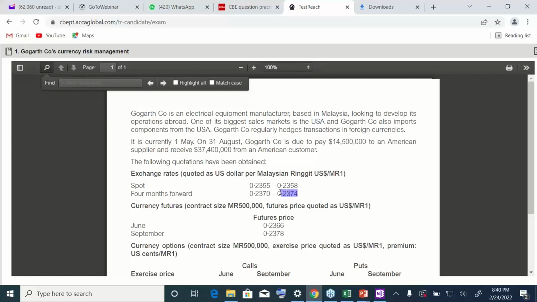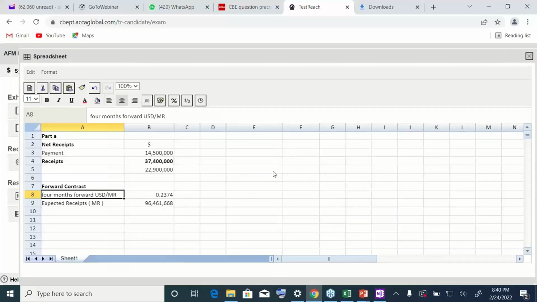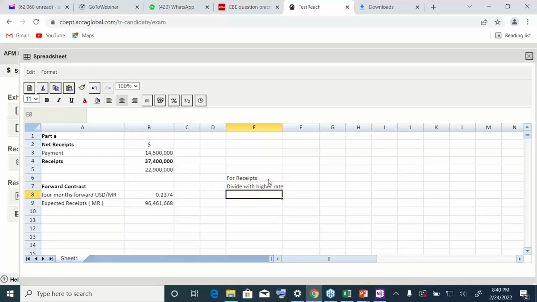The higher rate is 0.2374. In case of receipt, you have to divide by the higher rate. Remember the rule: for receipt, divide by the higher rate. This is a universal rule, not my rule. For payment, divide by the lower rate.